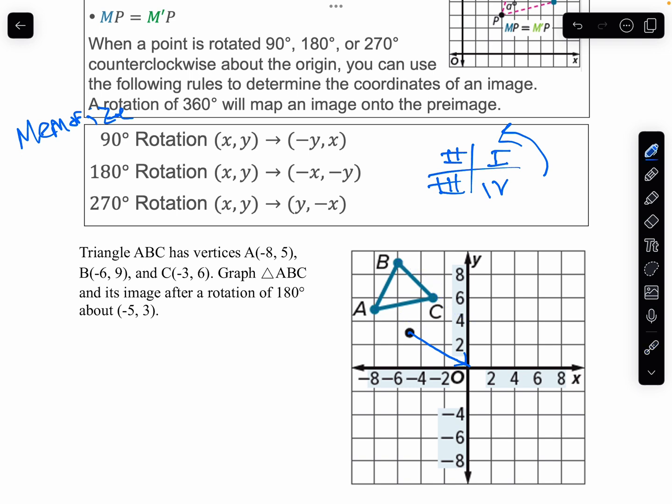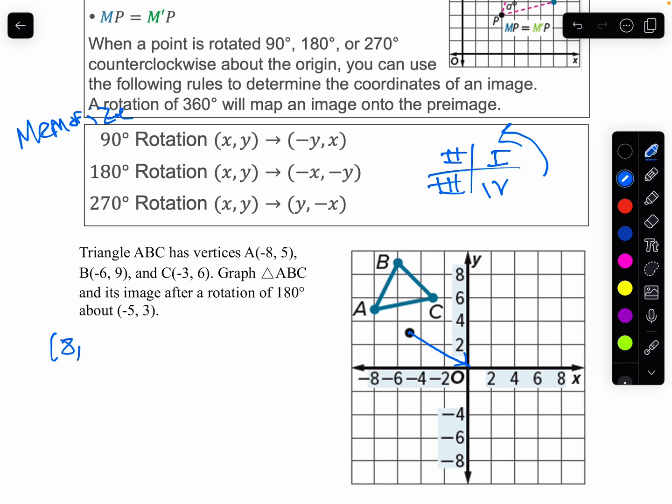So what I'm going to do is take my point A. Let's write this down. So point A is at -8, 5. Point B is at -6, 9.